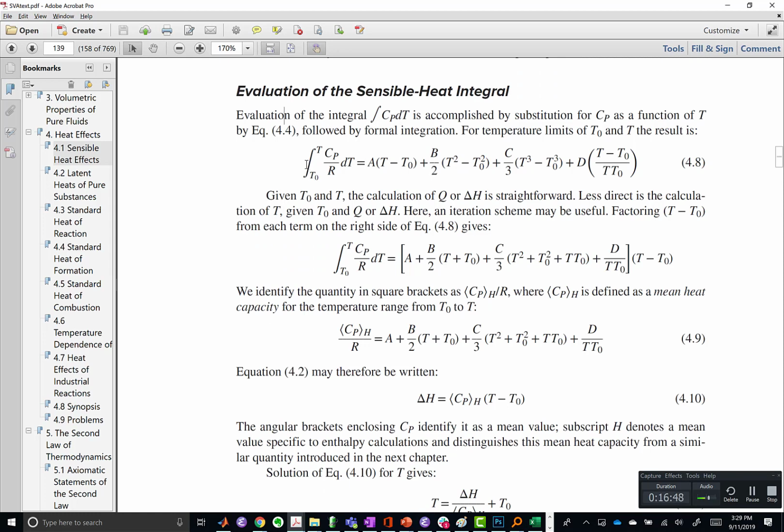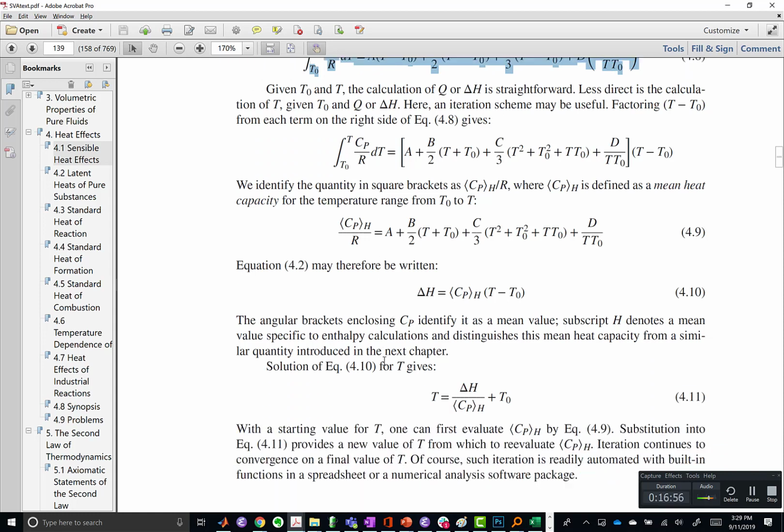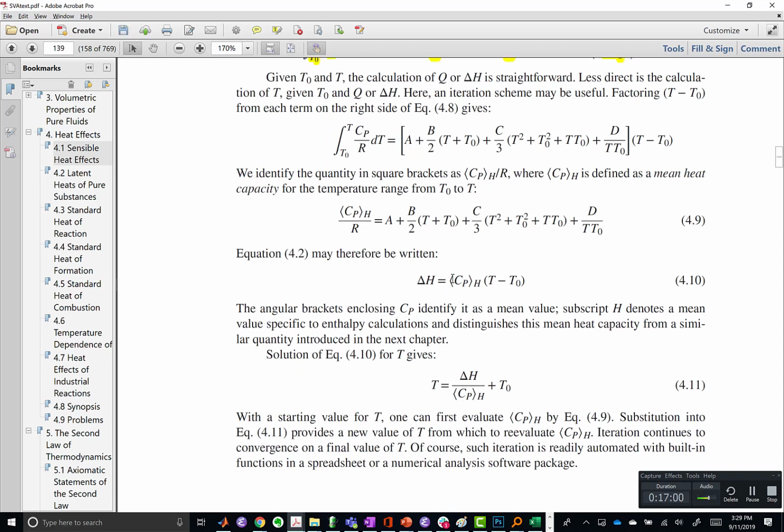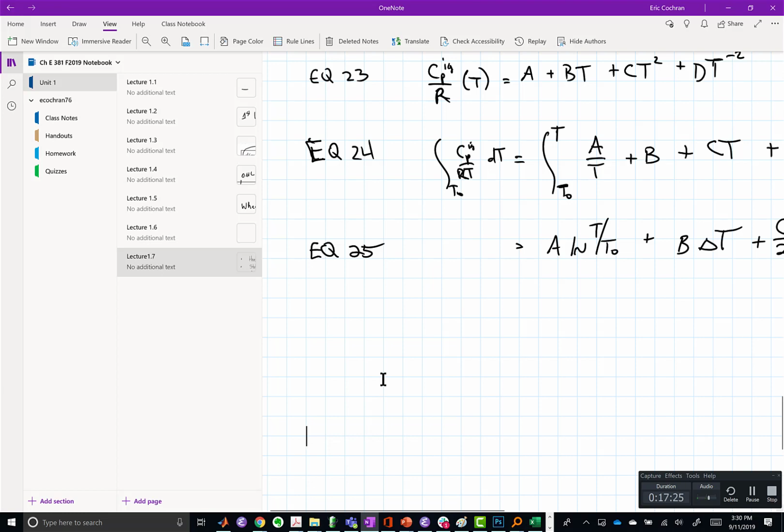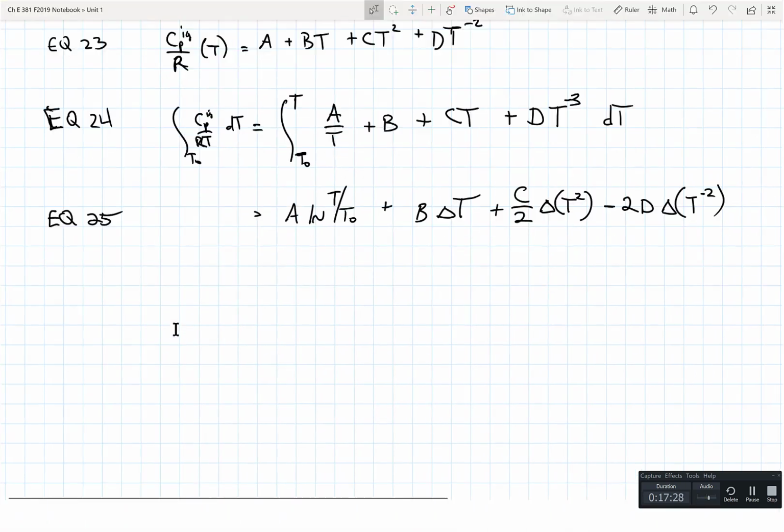You can see that for the enthalpy change, there's the standard integral, and then equation 4.10 is interesting. It says even for a temperature dependent system, what you can do is define a mean heat capacity, and that's denoted as bracket C_P with a subscript H. And the utility of a mean heat capacity is that rather than write the integral sign, what it looks like algebraically is similar to what you would have for the case where you were neglecting the temperature dependence of the heat capacity.